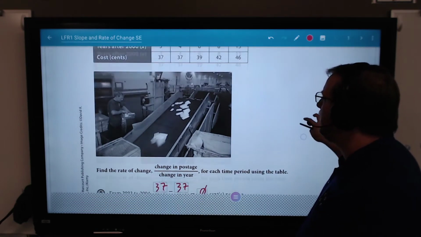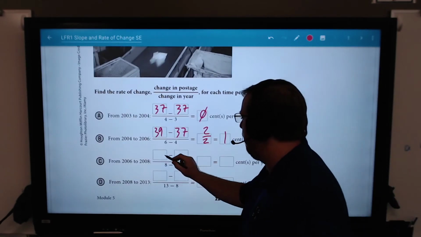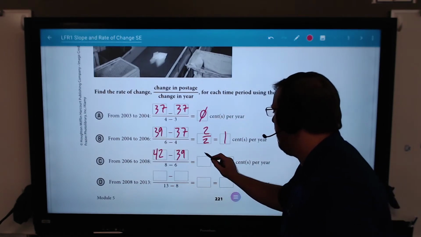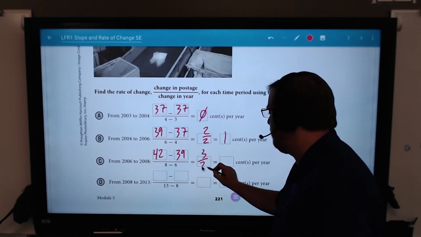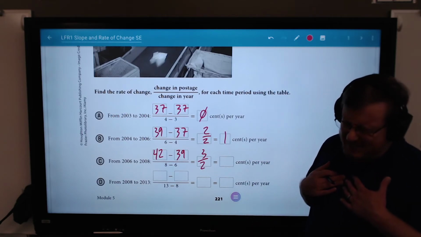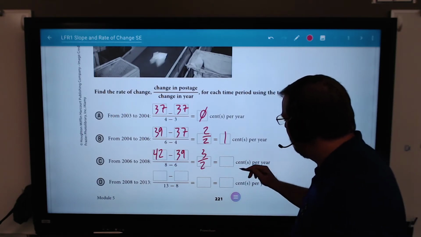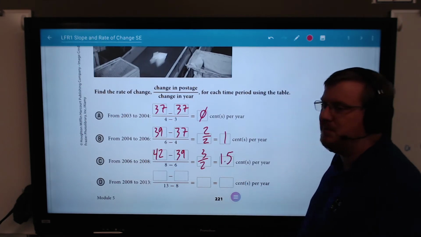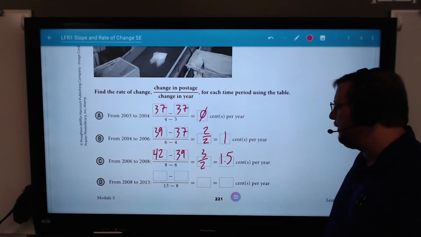we have 42 cents in 2008, so 42 cents compared to 39 cents. That went up 3 cents over 2 years, or this hurts. This hurts, but decimals, right? We can do it because it's money. 1.5 cents per year was the increase. Okay?